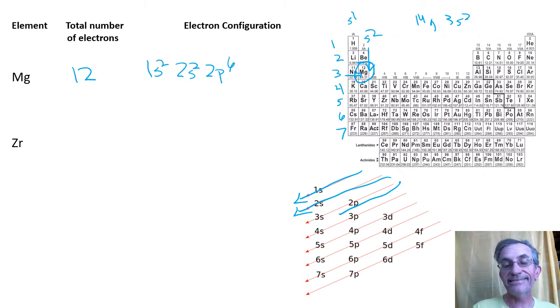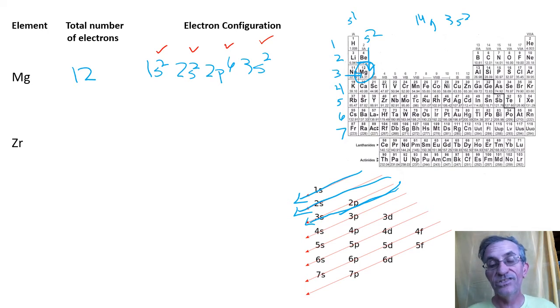And then the next thing we're going to fill in is 3s2, I think. So does that work? It's supposed to add up to 12. Let's check. 2 and 2, 4, 6 more, 10, and 2 more, we're up to 12. So that is the electron configuration for magnesium, and it's matching up with what it should be based on where it is on the periodic table.